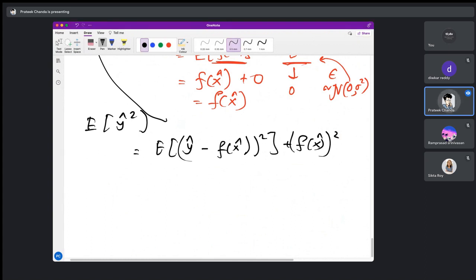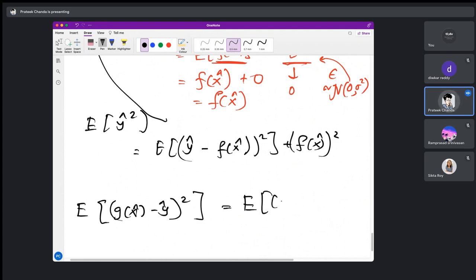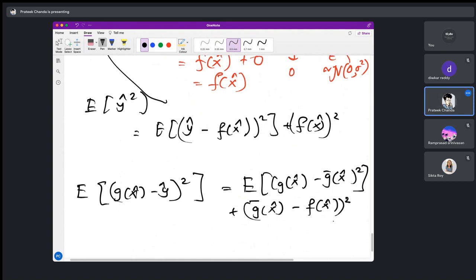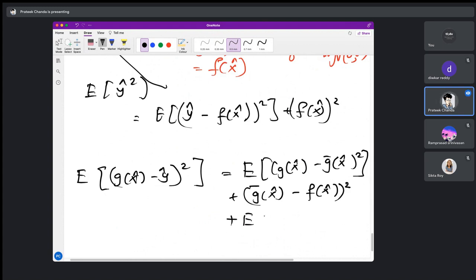The final expression: I started with g of x hat minus y hat whole square. The final expression comes out as g of x hat minus g bar x hat whole square, plus g bar x hat minus f of x hat whole square, plus this thing, f of x hat.